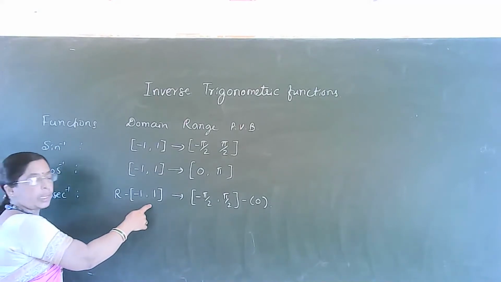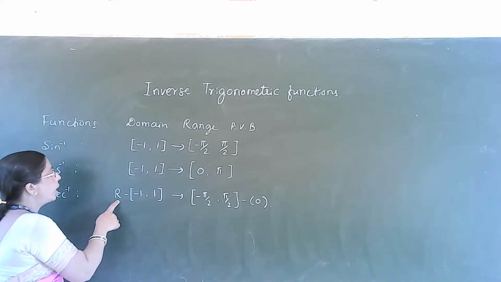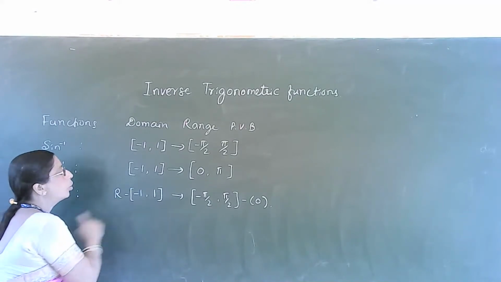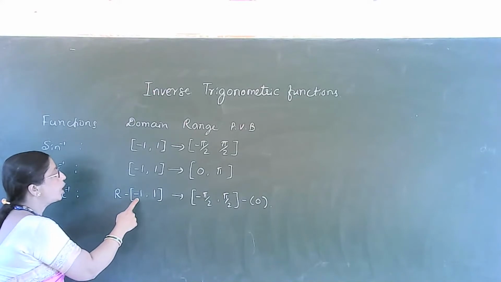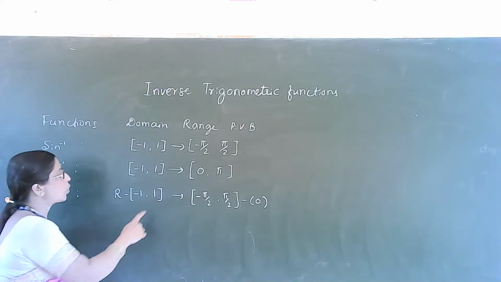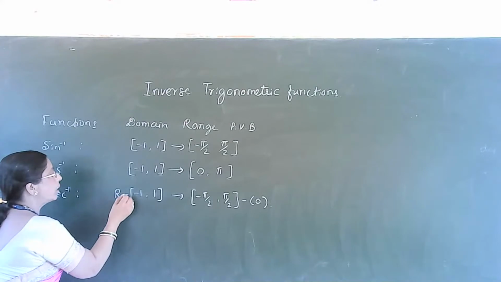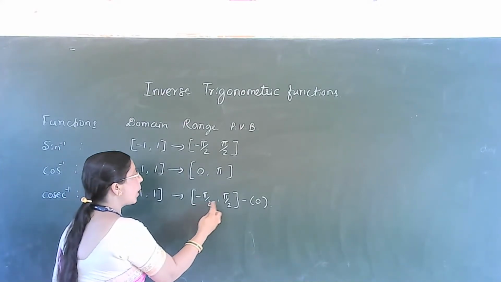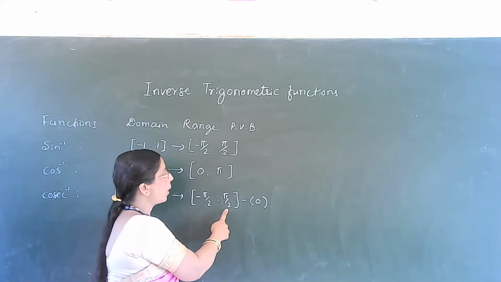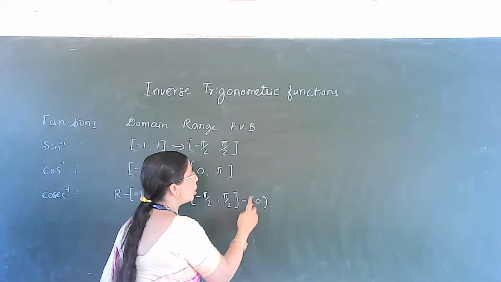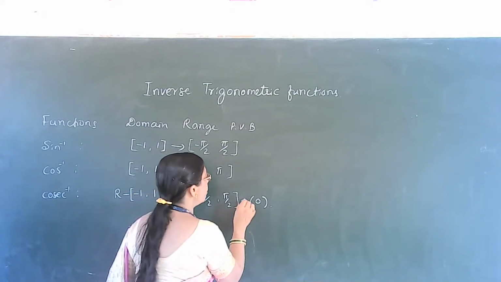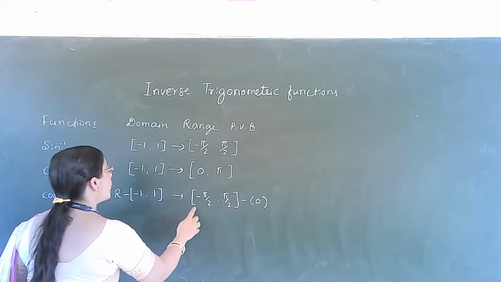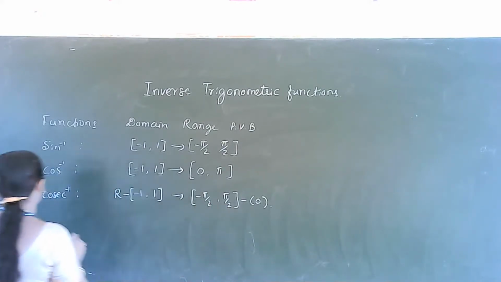Here R minus (-1, 1) means in the real number set, the interval between -1 and +1 is not there. Then the range is -π/2 to +π/2, but here 0 is not there. Without 0, all values are present in -π/2 to +π/2.